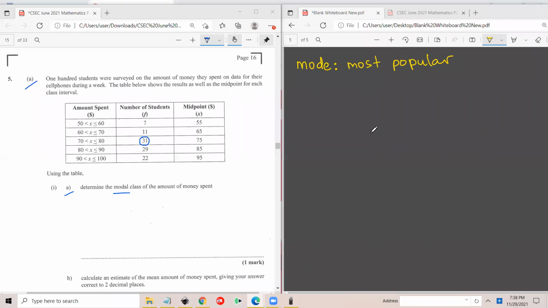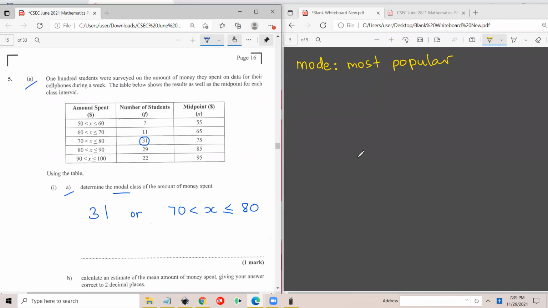That seems to be the most popular amount of money that a student spends. But which is the correct answer to put? 31 or the 70 less than x less than or equal to 80? Which one is the correct one to put?